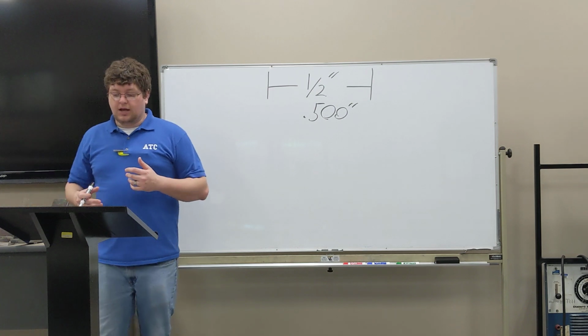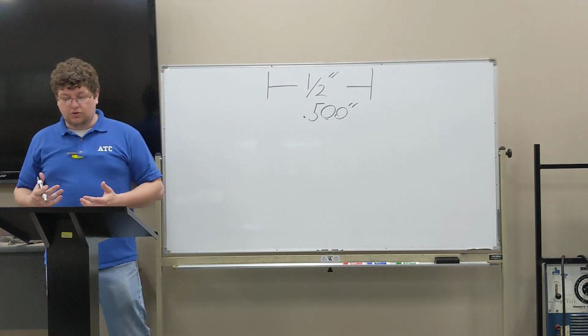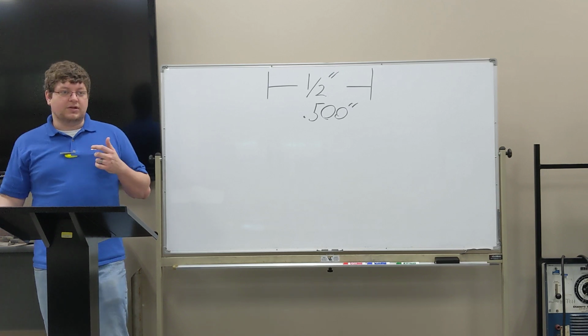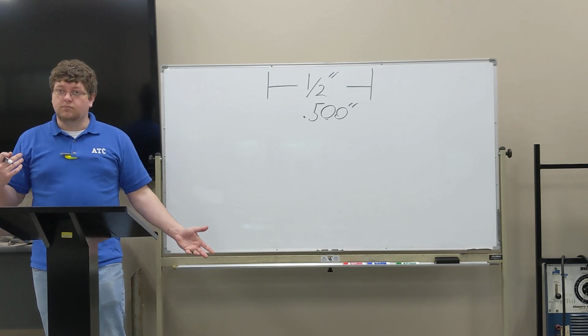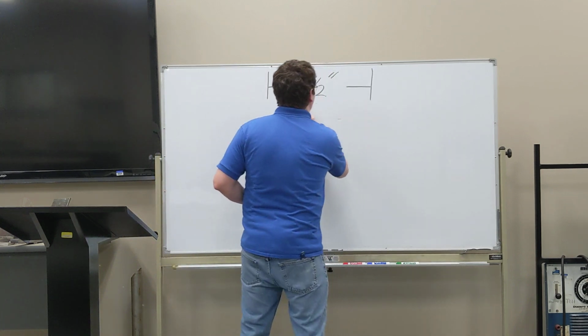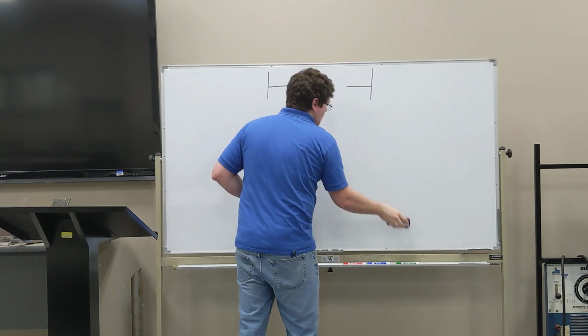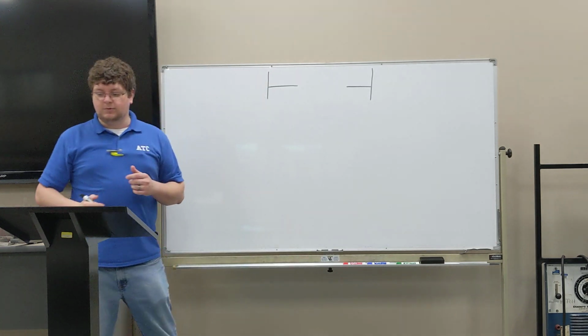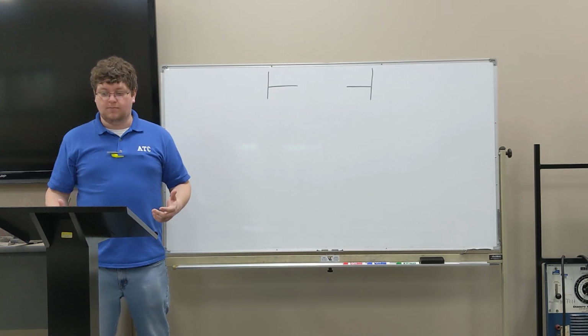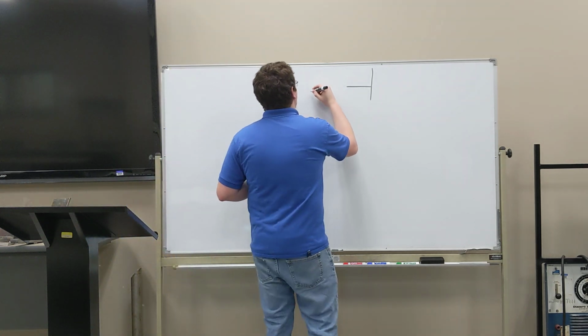The next is that you could have a mix of the two, say, a metric size and your decimal size. So if we erase this, say we're going with a metric measurement of 40 millimeters or something like that.